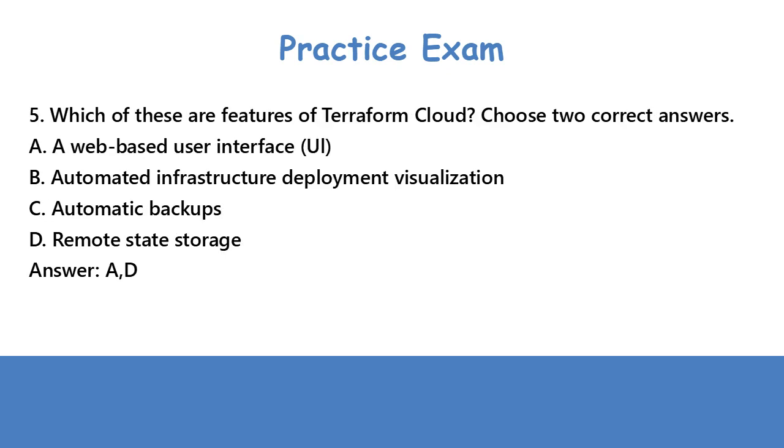Which of these are features of Terraform Cloud? Choose two correct answers. A. A web-based user interface, UI. B. Automated infrastructure deployment visualization. C. Automatic backups. D. Remote state storage.